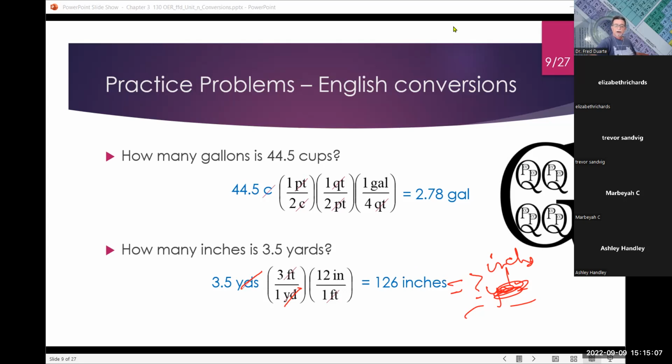So I get 126 inches. Now I ask you the question: can I present my answer as 126 inches? Would this be correct to give as an answer? What do you guys think?